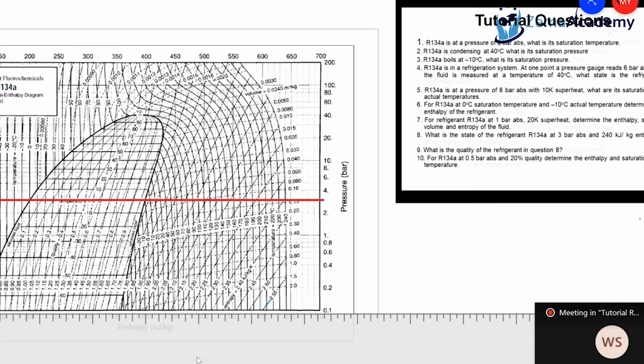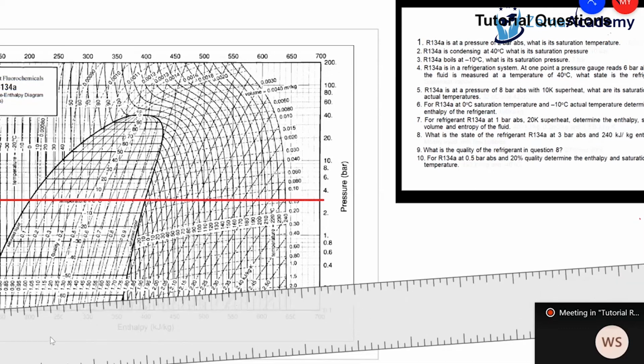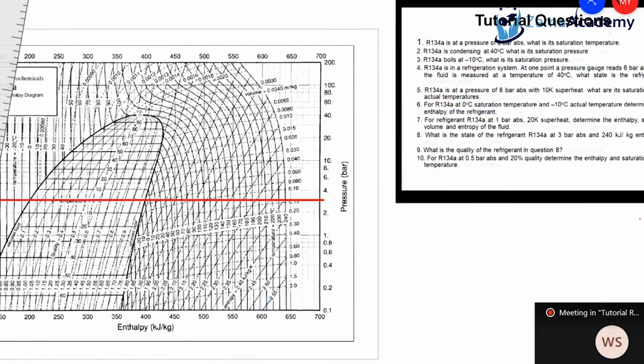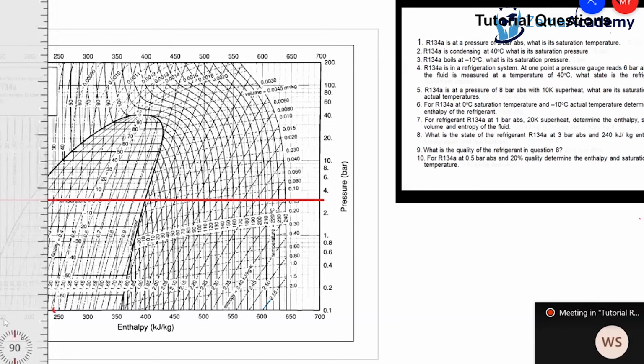And then it says enthalpy of 240, so just draw vertically straight down. Let's find where 240 is. Would you say it's somewhere here? So we can draw somewhere here.